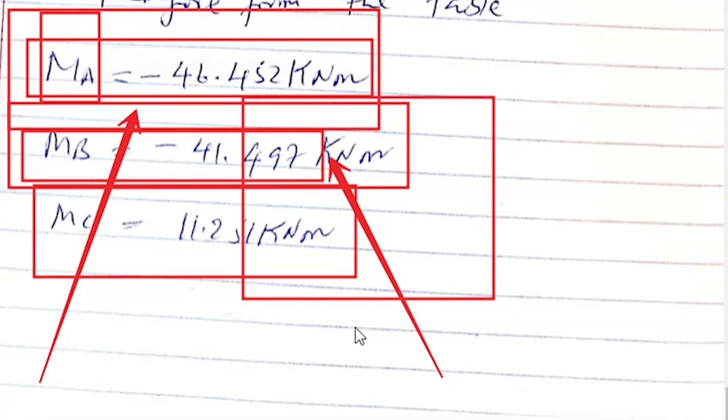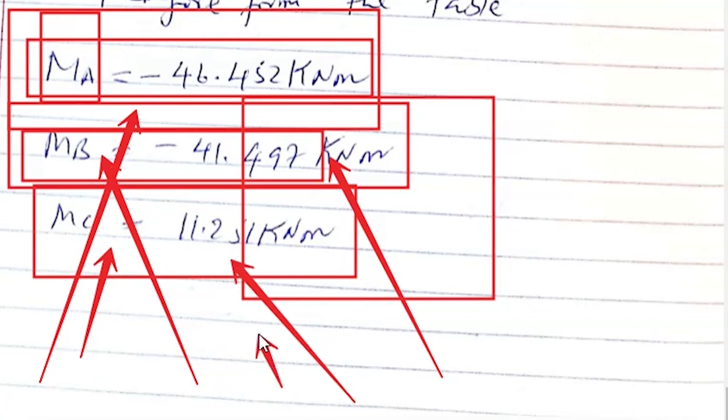The same applies once you take the member between BC: taking a moment at point B, you can have the reaction at point C, and taking a moment at point C, you can have the reaction at point B. Once you take the equilibrium equation in the vertical, the summation of force in the y axis is equal to 0.